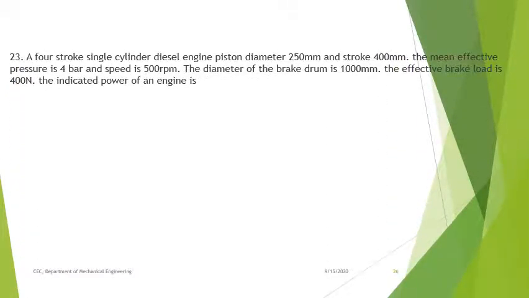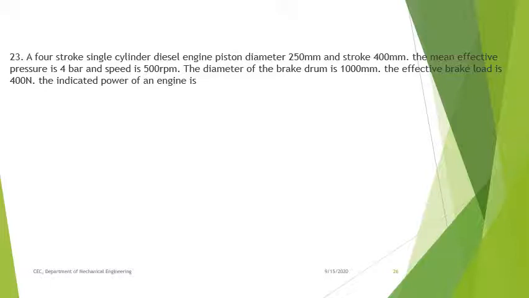A 4-stroke single cylinder diesel engine, piston diameter 250 mm and stroke 400 mm. The mean effective pressure is 4 bar and speed is 500 rpm. The diameter of the brake drum is 1000 mm.